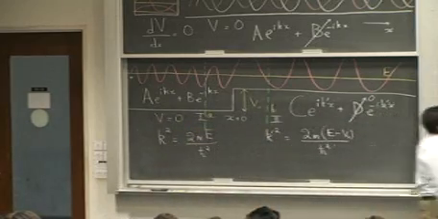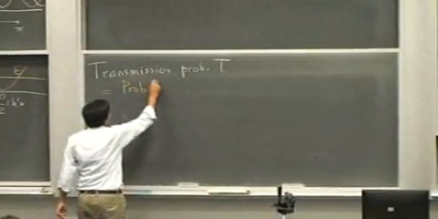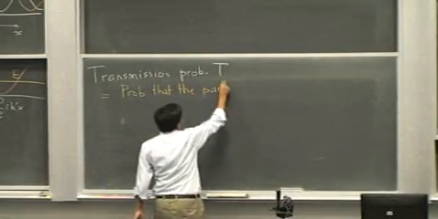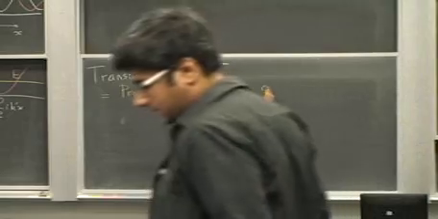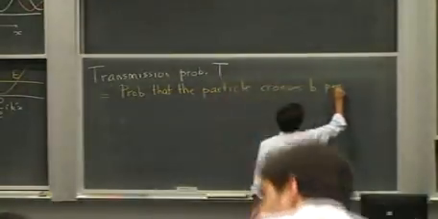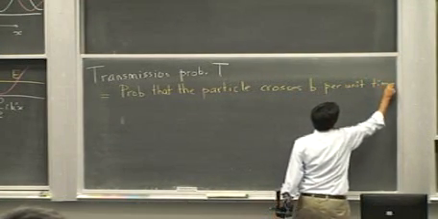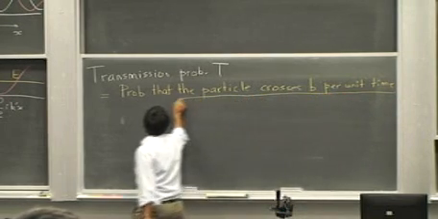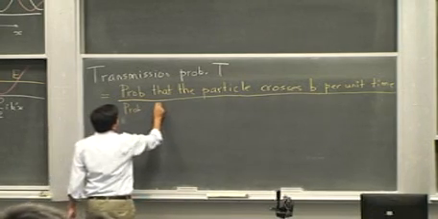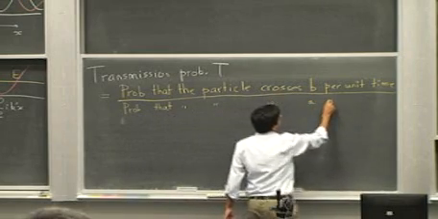The transmission probability is defined as the probability that the particle crosses plane b per unit time, divided by the probability that the particle crosses plane a per unit time.